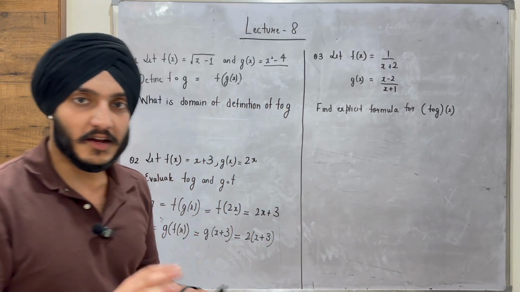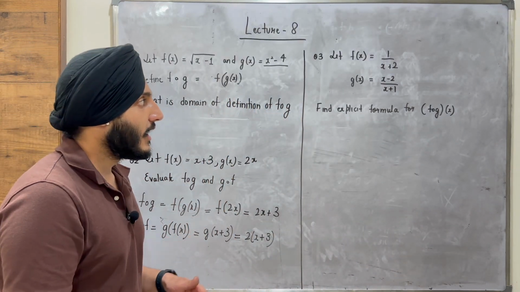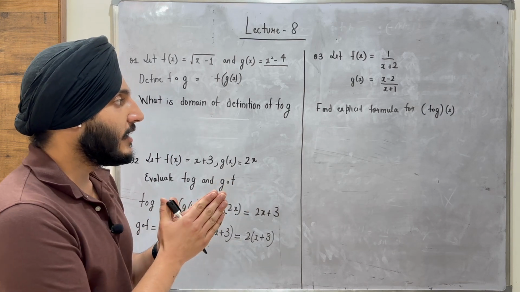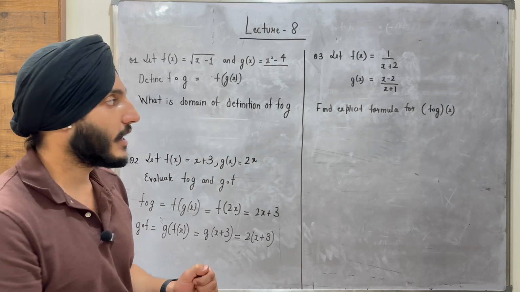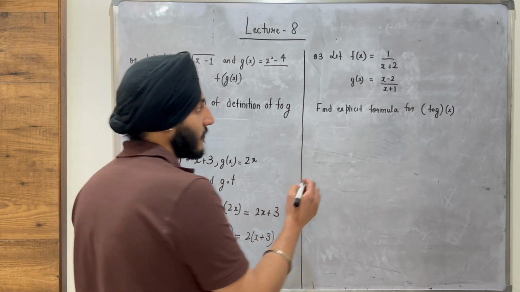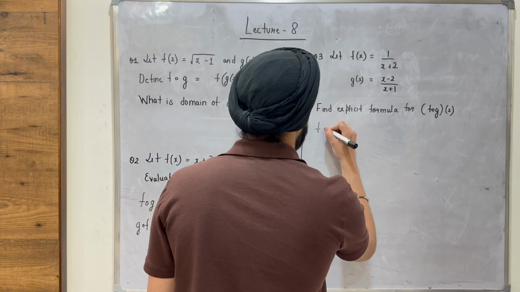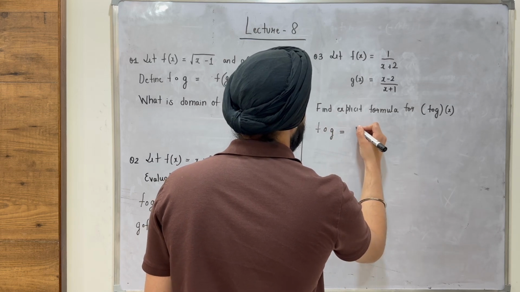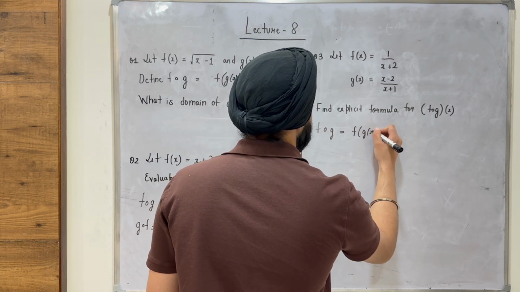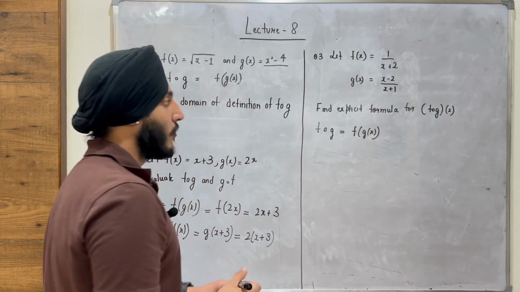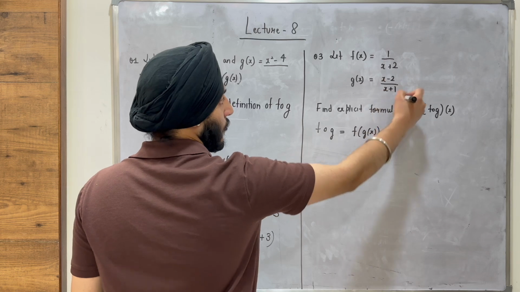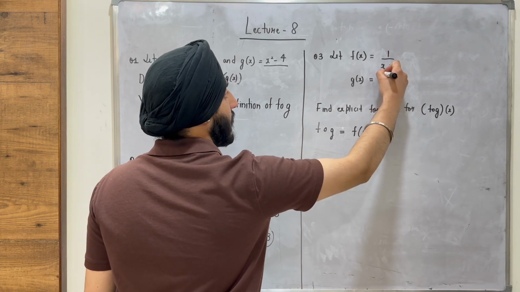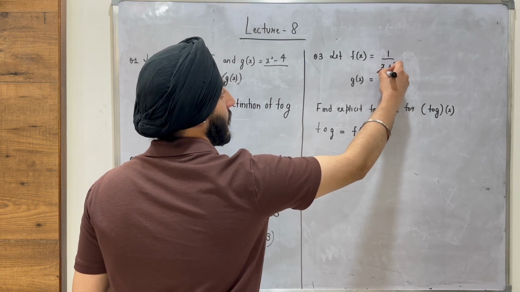Now, what it means by the explicit formula is simply that it wants me to find the entire formula for this entire equation. So what I'm going to do is, I know f o g is equal to f of g of x. In order to find the entire formula, I'm going to input this entire thing and replace it with this x over here.